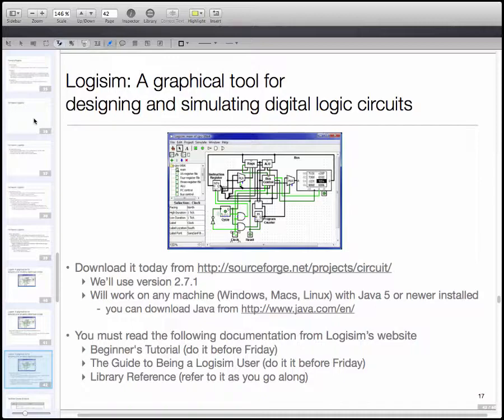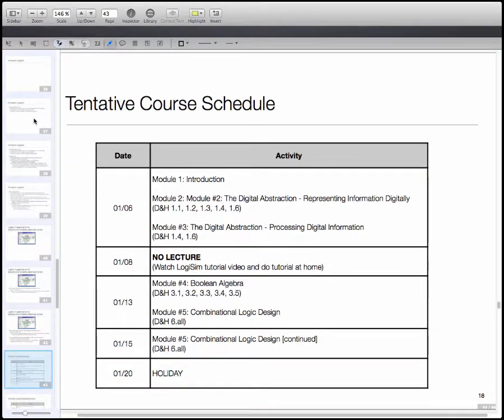Okay, so that's Logisim. Tentative course schedule. You probably already saw the announcement. I have one missed lecture this quarter, and that happens to be this week. So we're going to do a substitute, perhaps a weekend review session for one of the exams later in the quarter.